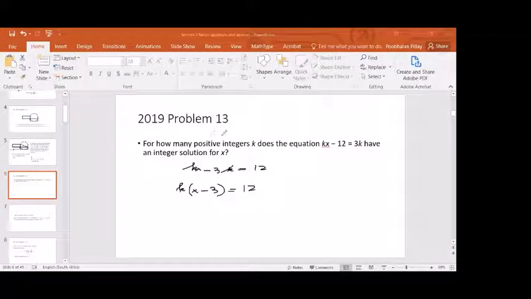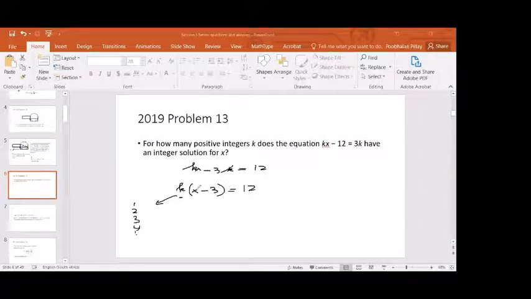And now let's look at the question again. For how many positive integers k? So this k is a positive integer. So k is 1, 2, 3, and so on. It's a positive integer. And you want x to be an integer. So you got a positive integer times this, another integer, equals 12.